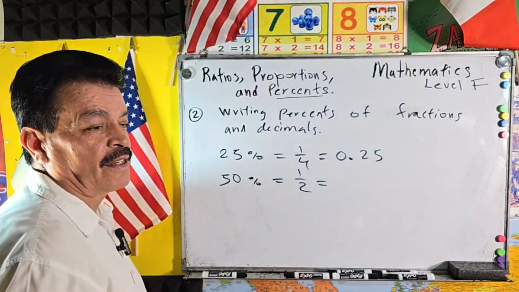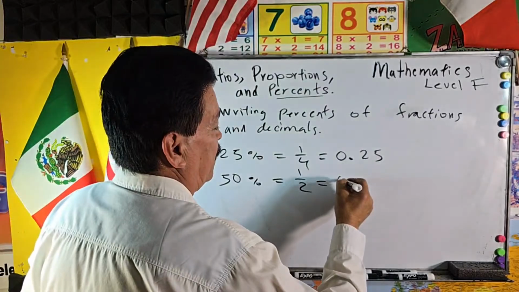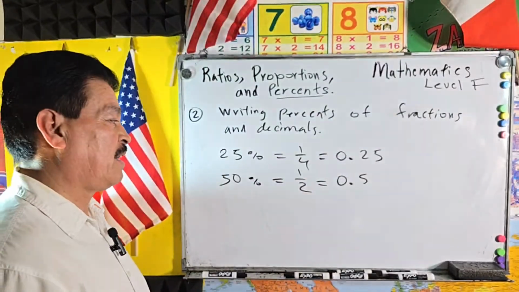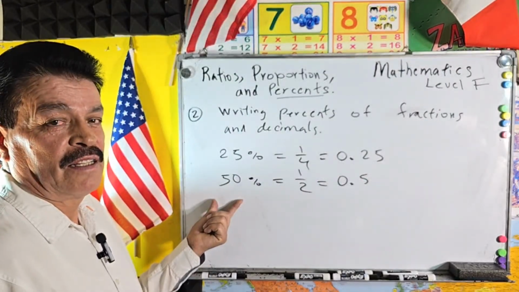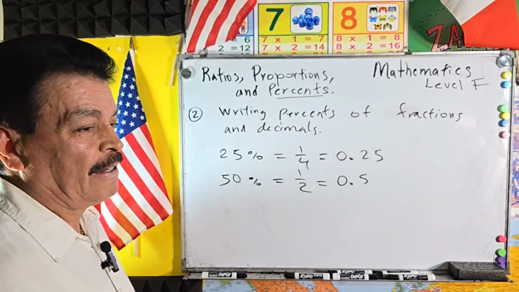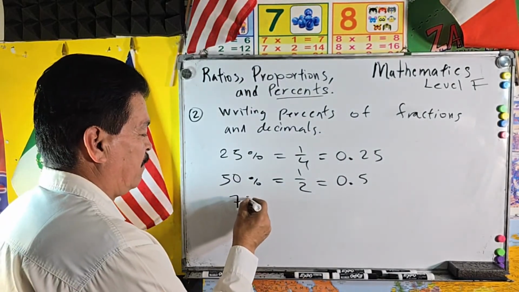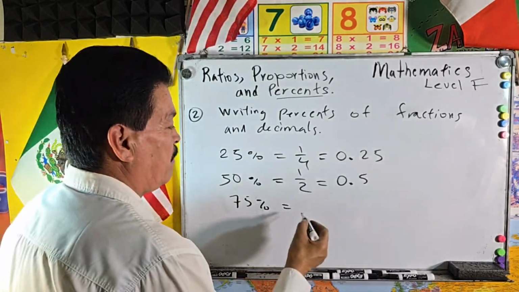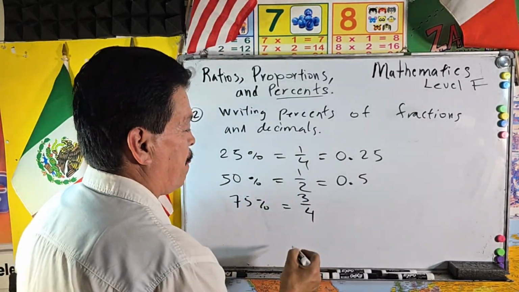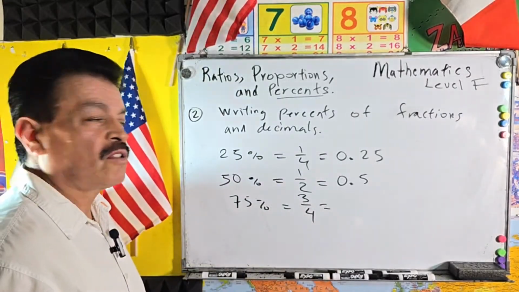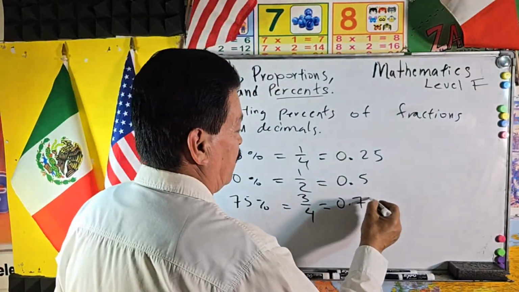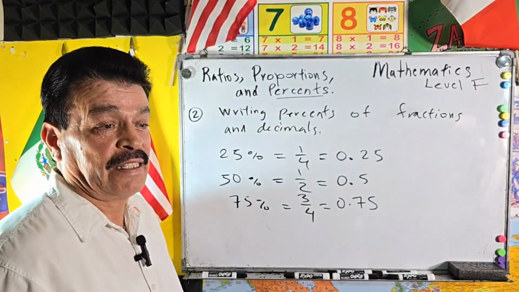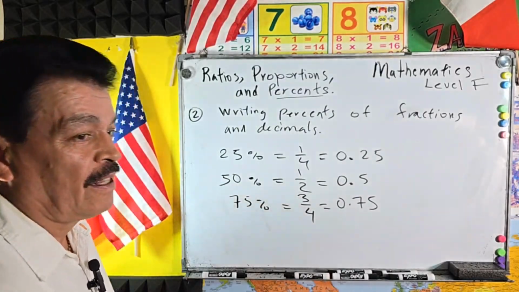So this means that you will have here 0.5 in decimals. Okay. Let's write 75%. So make it easier. 75% is equal to 3/4. 3/4 is equal to 0.75. Writing percent as fraction and decimal. Okay.